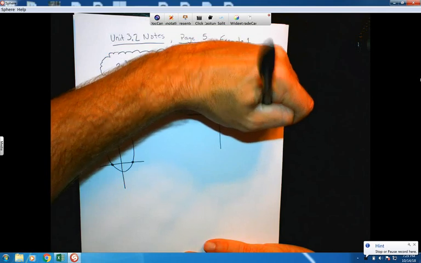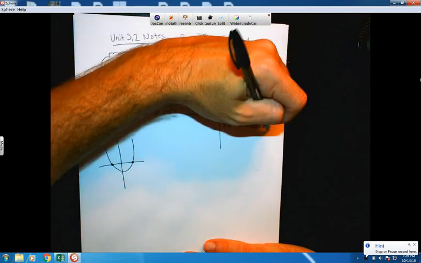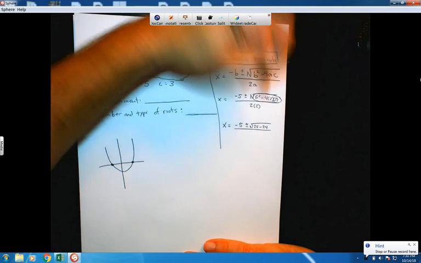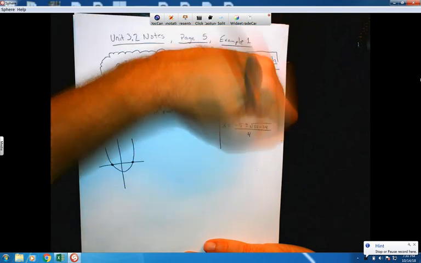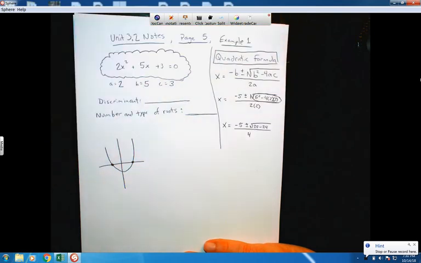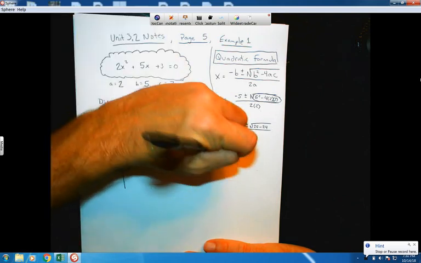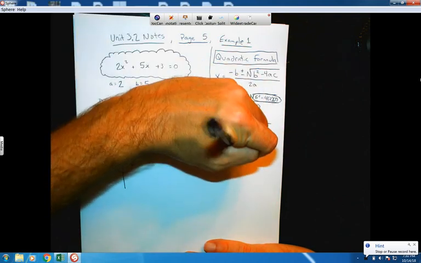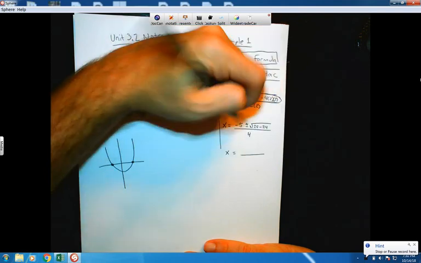So 25 minus 24, all over 2 times 2, we could just write a 4 there, right? That looks a little bit better. Let's keep making it look better and better.